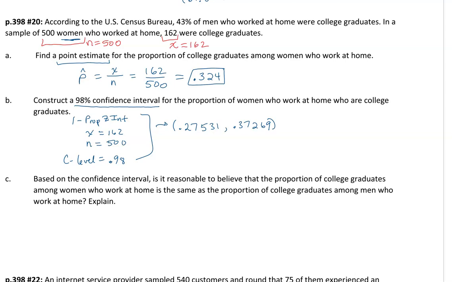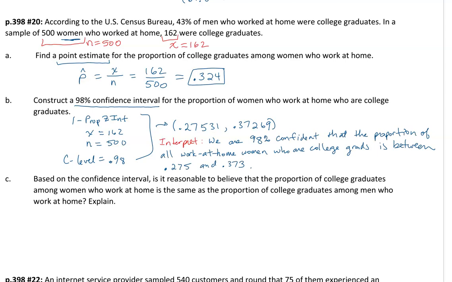And it might be a little different from mine, but they should have the same essence. How'd you do? This is what I came up with for my interpretation. We are 98% confident that the proportion of all work-at-home women who are college grads is between 0.275 and 0.373.